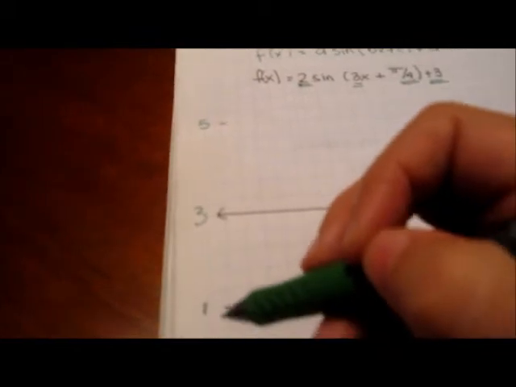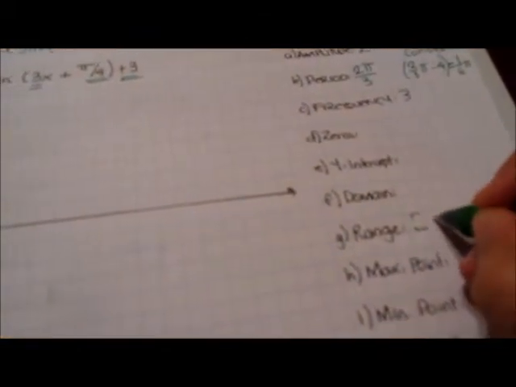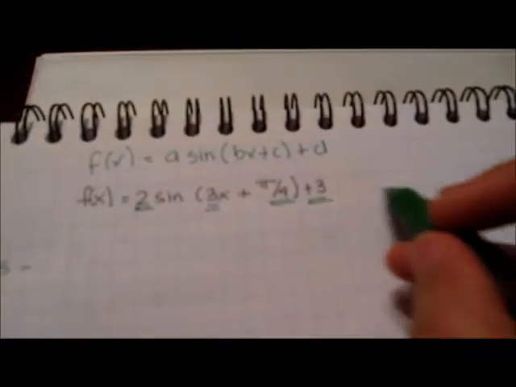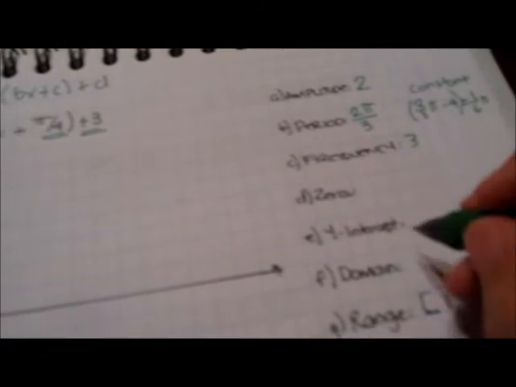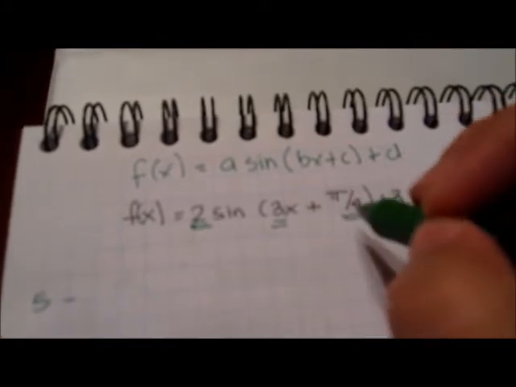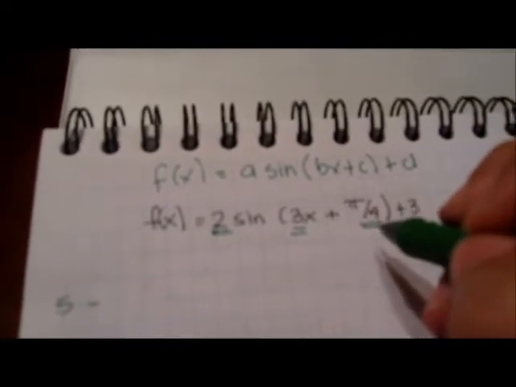So with this information I can fill my range. That equals [1, 5]. Remember to use brackets. Domain. I don't have any domain next to my function, so my domain equals real numbers. Since I have C, I need to calculate first the C so I can begin my graph, or I can find my starting point.